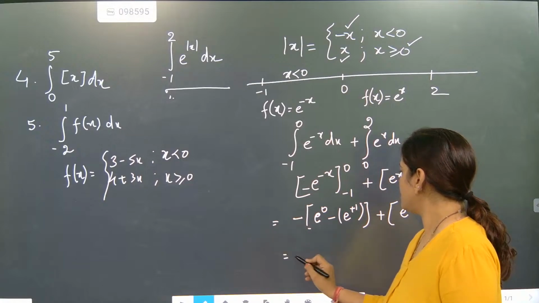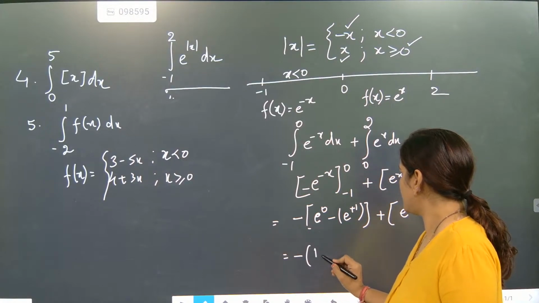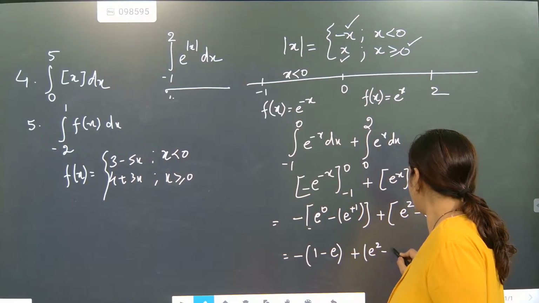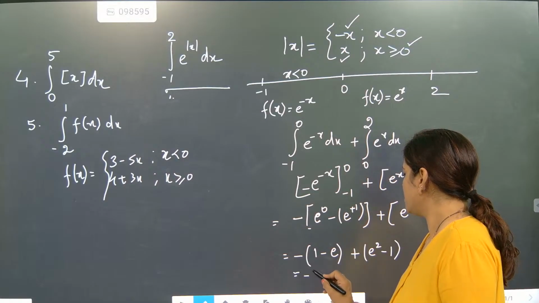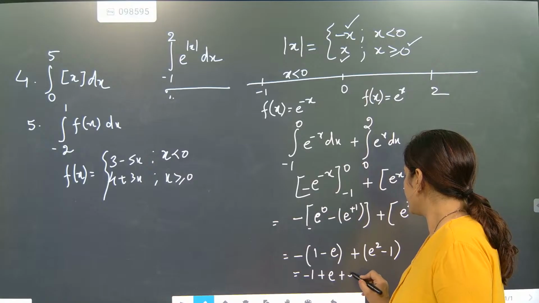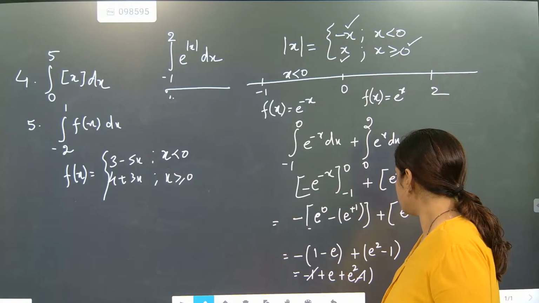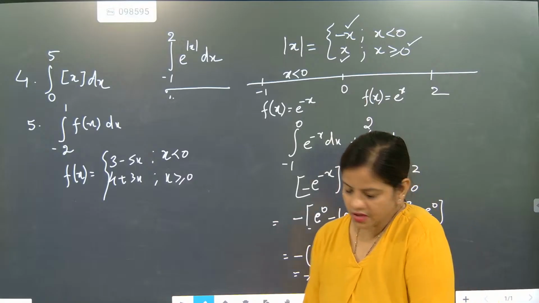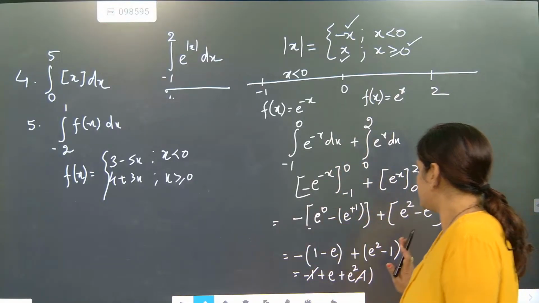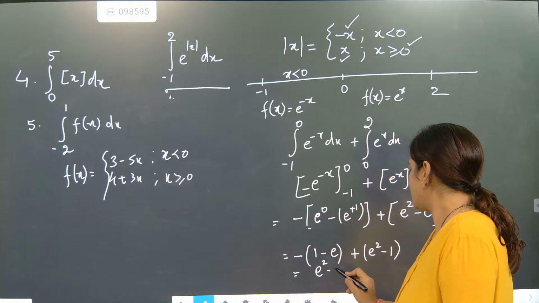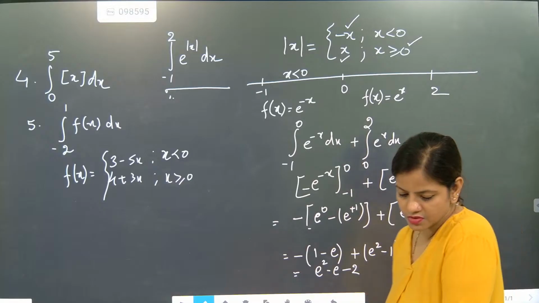This part will become minus 1 minus e, plus e to the power 2 minus open bracket minus 1 plus e, square minus 1. This and this will get cancelled. So it will come, wait, minus 1 and then cancel. e square minus 1 minus 2.